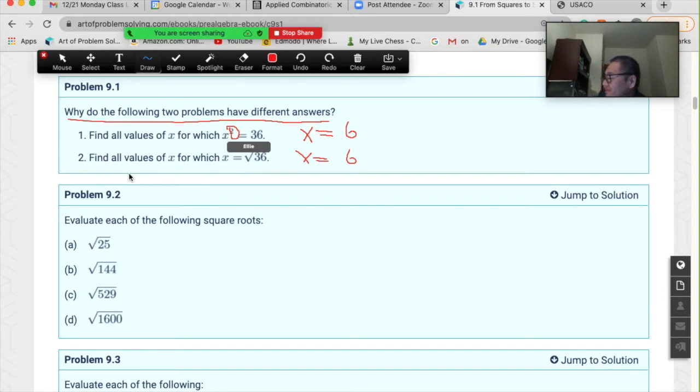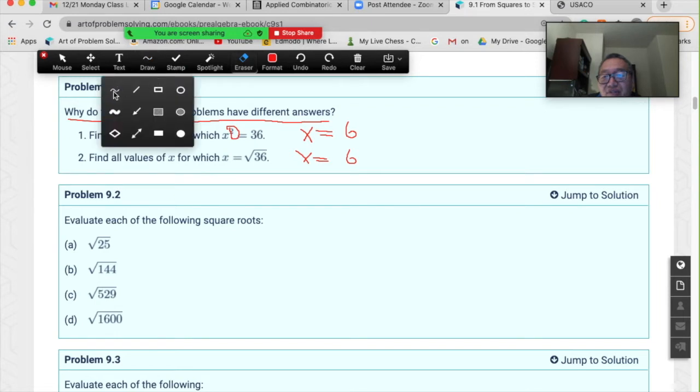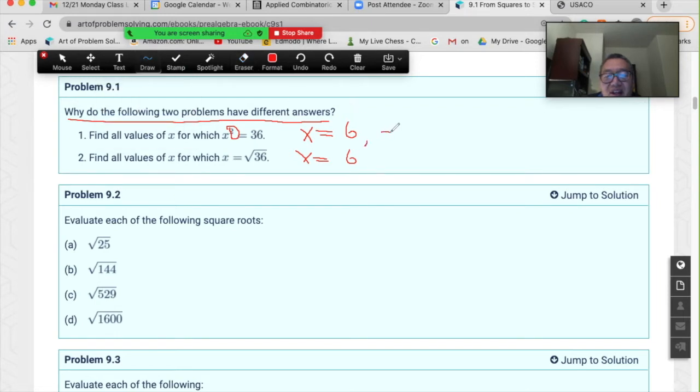This one is like 6 squared. This one's only 6. No, x still equals 6, but I also have another solution. That's negative 6.